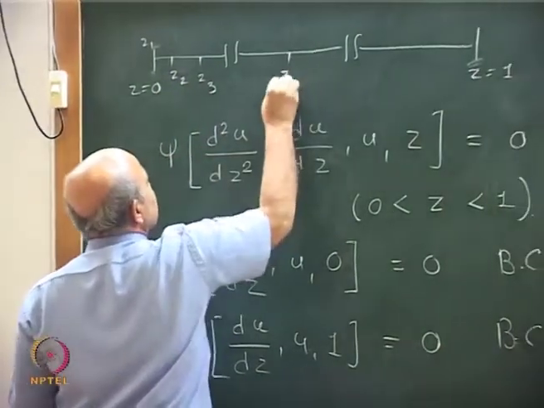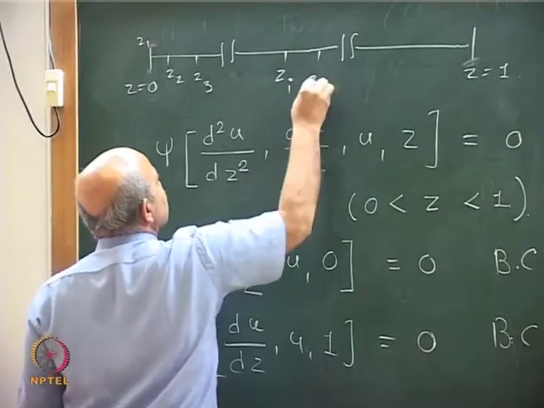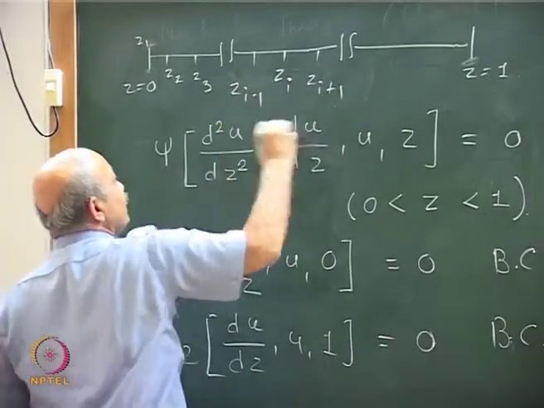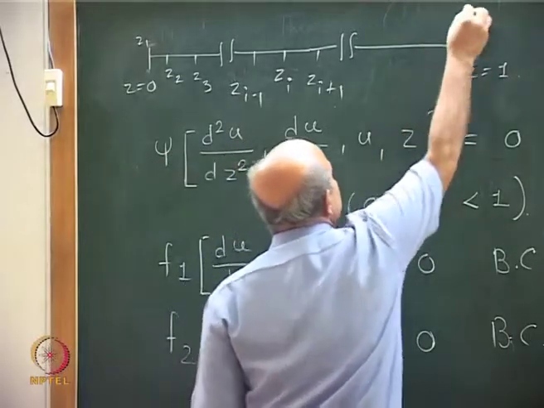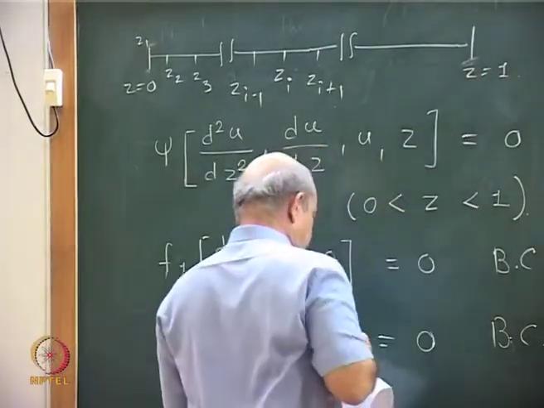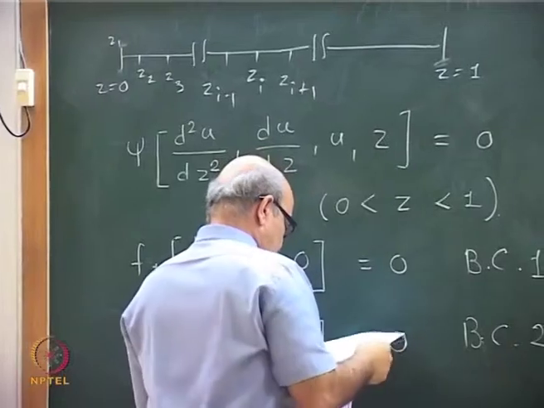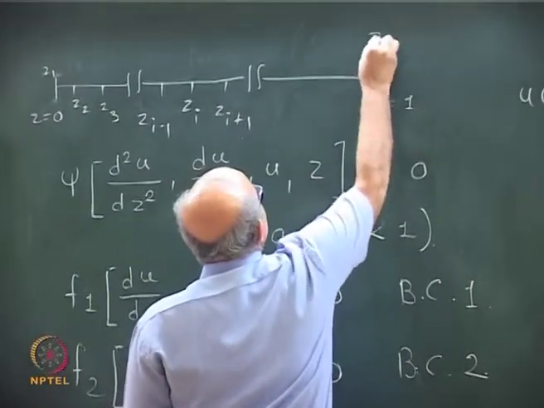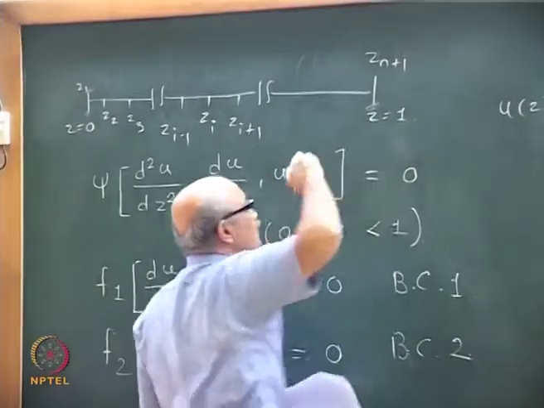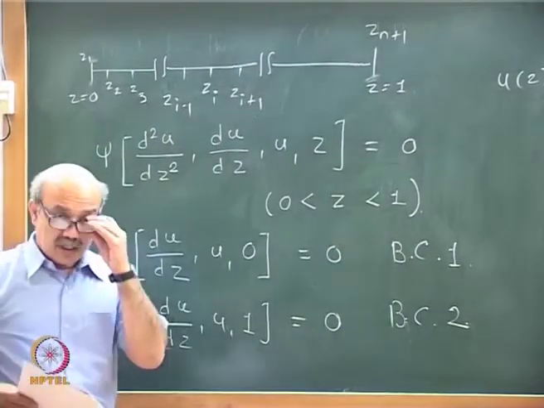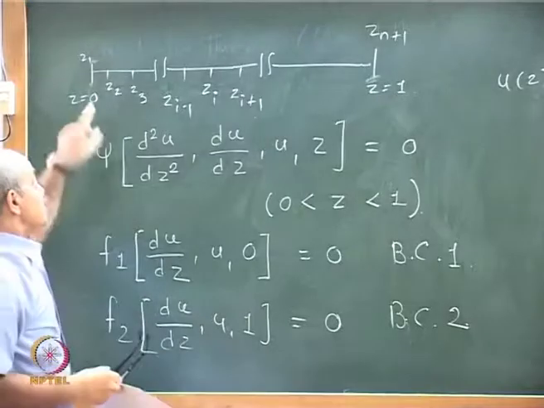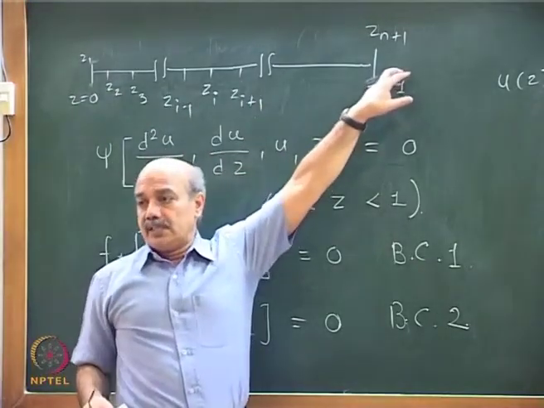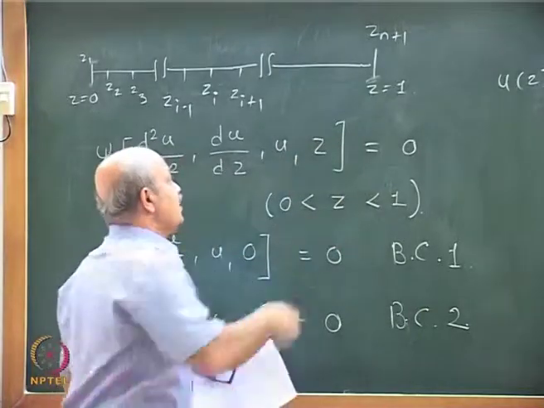In general, this is zi, this is zi plus 1, this is zi minus 1, and the final point is called zn plus 1. So we have these n plus 1 collocation points numbered from z1, z2, z3 up to zn plus 1.